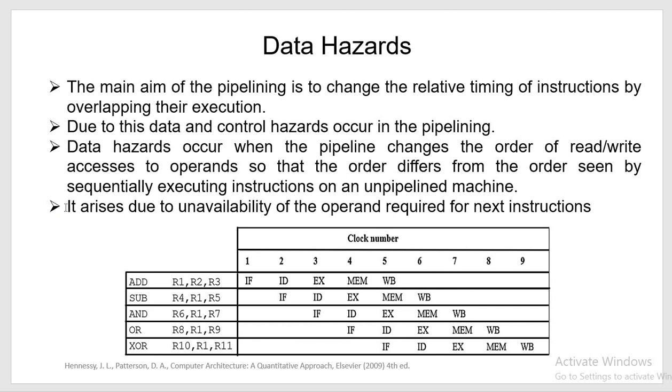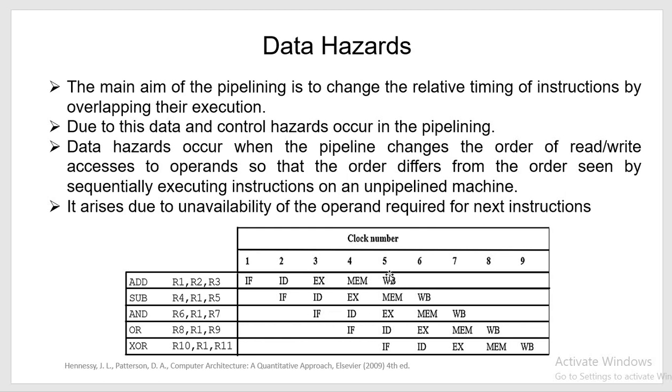So data hazard arises due to what? The unavailability of the operand required for the next instruction. Here, the second instruction requires the data of R1, but the data is still not available. Similarly, in the case of the third instruction, the data is required at the fourth cycle, but the data is still not ready. Data in R1 will be ready after the completion of the fifth machine cycle.